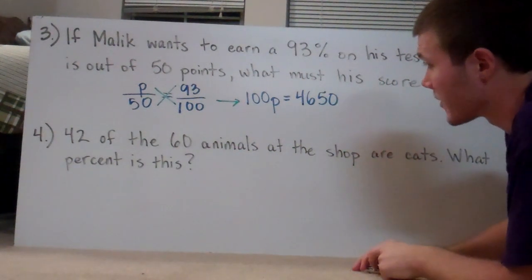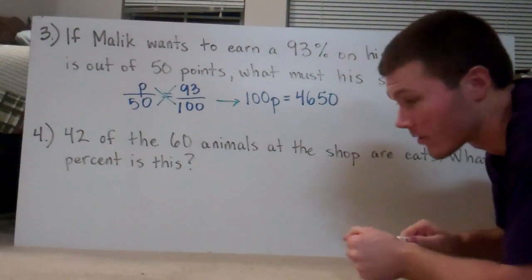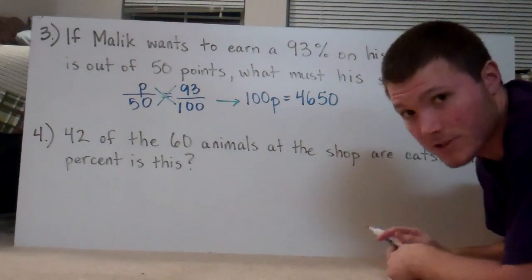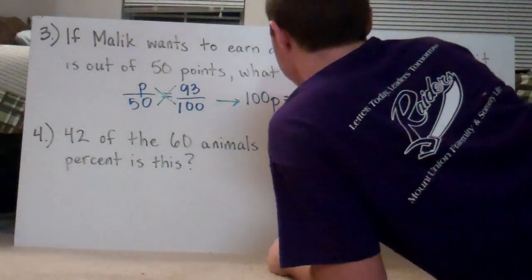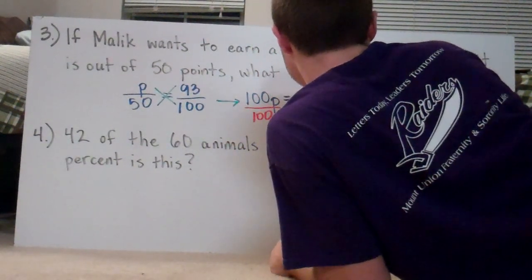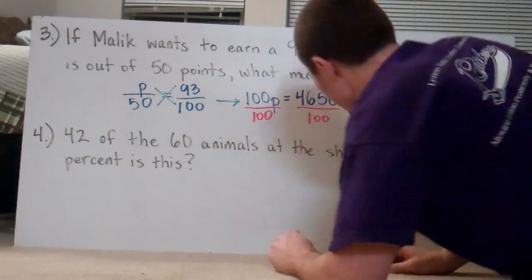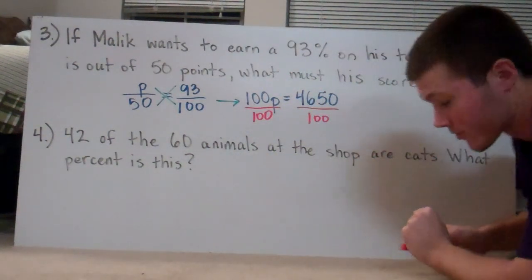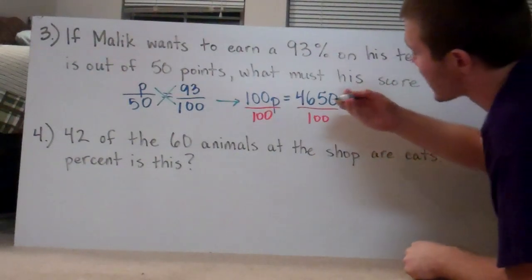Alright, and now I need to figure out how am I going to get P all by itself. Well, you should have divided both sides by 100. So divide this side by 100 and the other side by 100, so that the 100s cancel out.